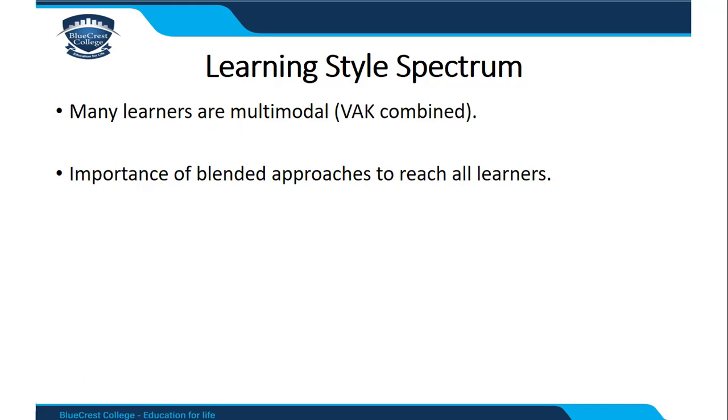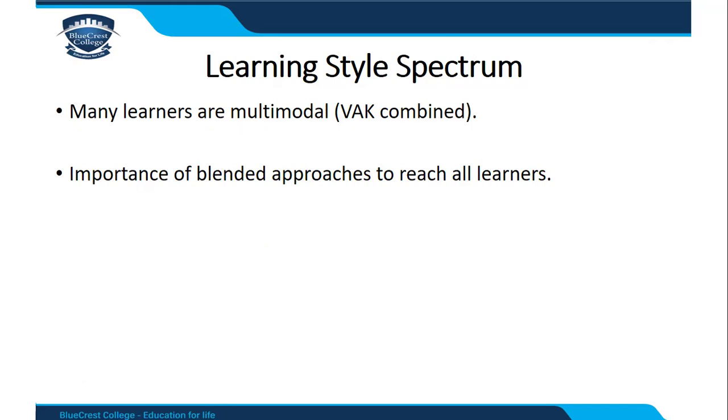And then at other times, they may want to try the visual learning styles, depending on what the material is, or on what the main subject is that they have to learn.